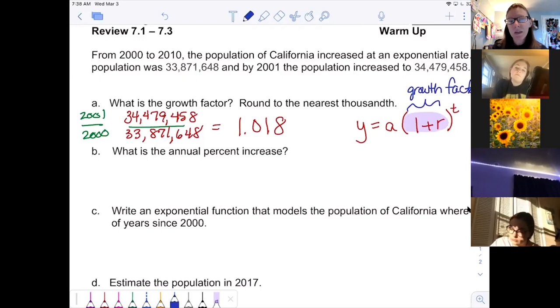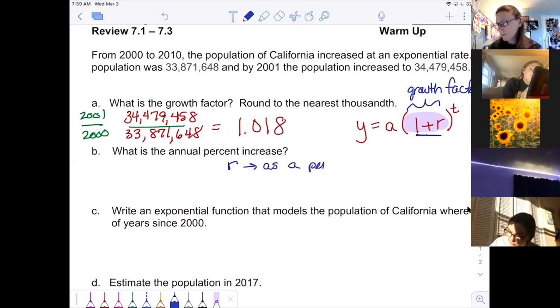Part B says, what is the annual percent increase? Well, that would be the R inside and just the R. So there's a difference between the growth factor and the annual percent increase. So the percent increase would be the R value, but we need to write it as a percentage since it says percent increase.